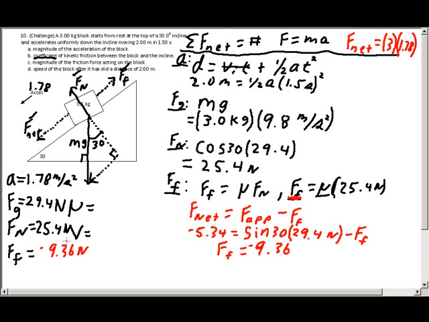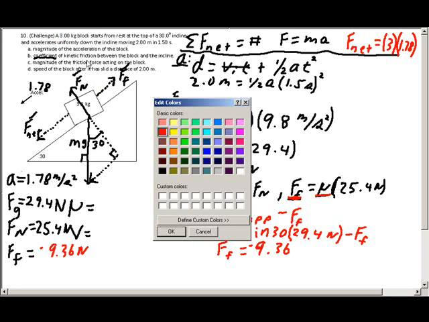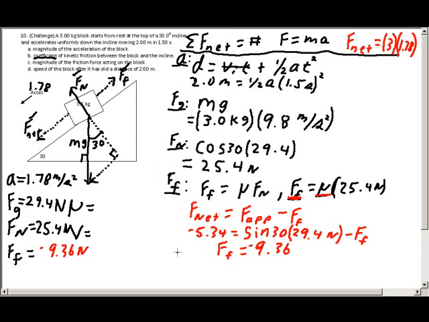Now, what about my coefficient of friction? Well, that now is this one over here. So my coefficient of friction, just for kicks, I'm going to change my color back again. My coefficient of friction, which is going to be mu, is going to be equal to, here's my equation, frictional force equals mu times normal force.